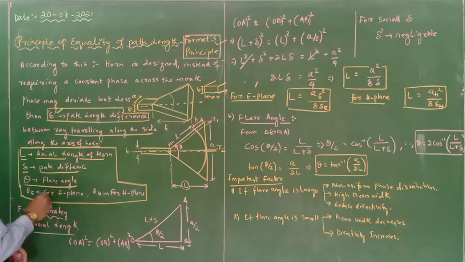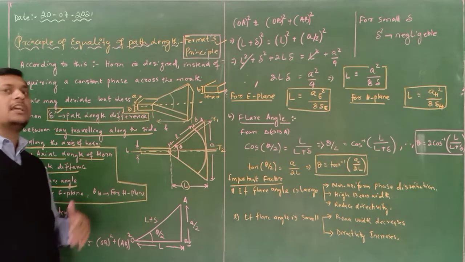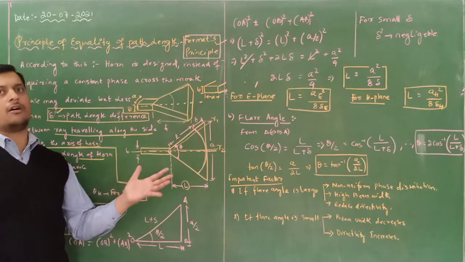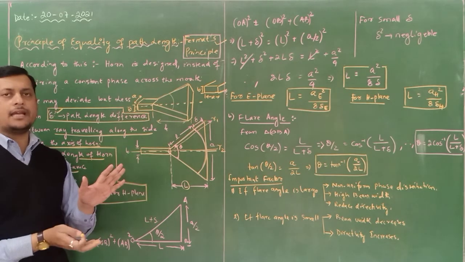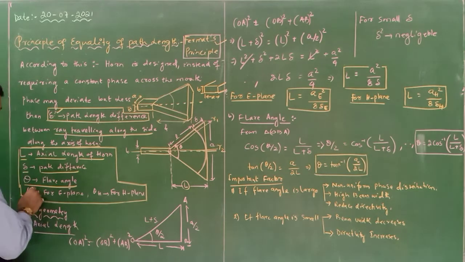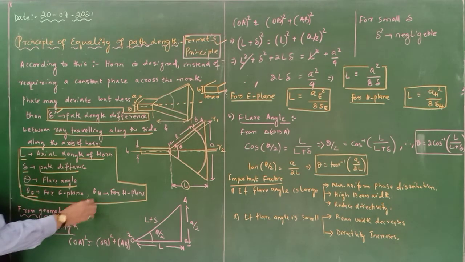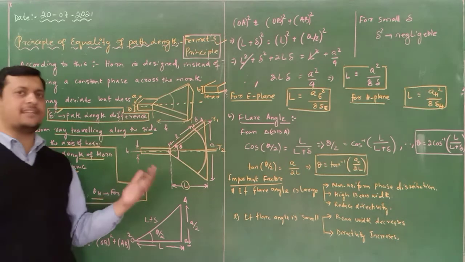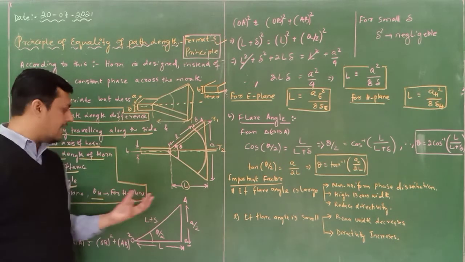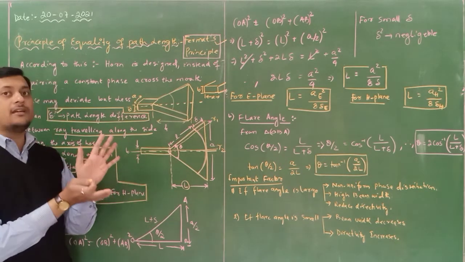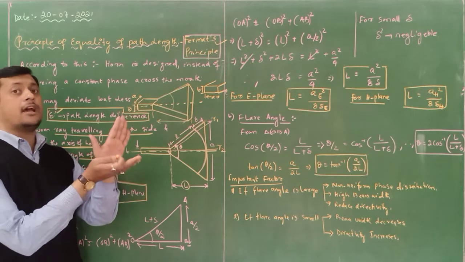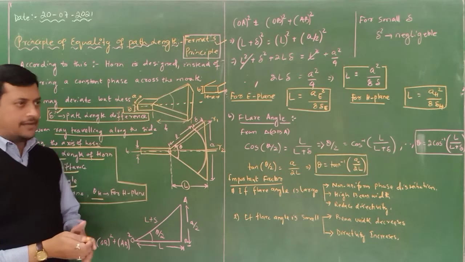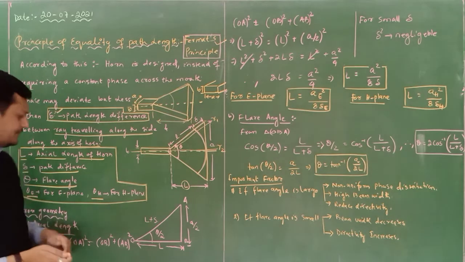Then, if theta suffix e I will write, that means I am discussing about the E plane sectoral horn antenna, and the flaring angle will come into picture as theta suffix e. Similarly, theta suffix h indicates that for H plane sectoral antenna, and theta h is the opening or the flaring angle for the H plane horn antenna. That we will discuss one by one.